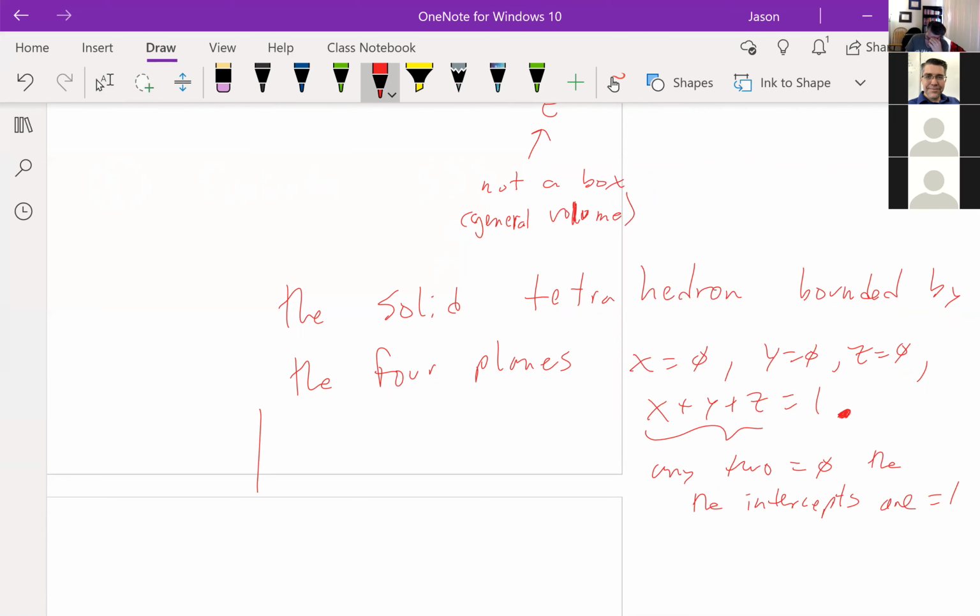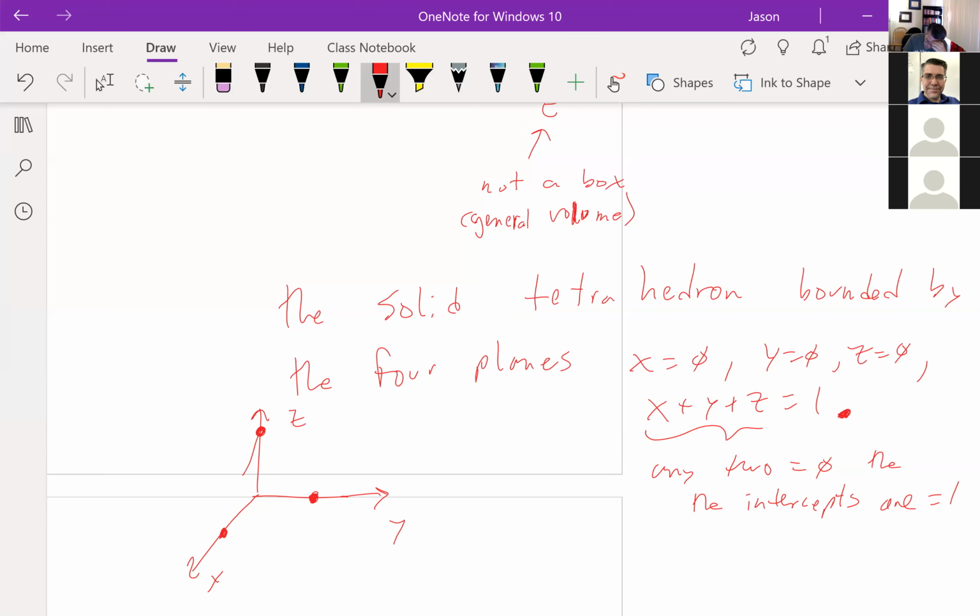If we look at our graph, x, y, z here, then wouldn't we get a point at 0, 1, 0, a point at 0, 0, 1, a point at 1, 0, 0, and 0, 0, 1?